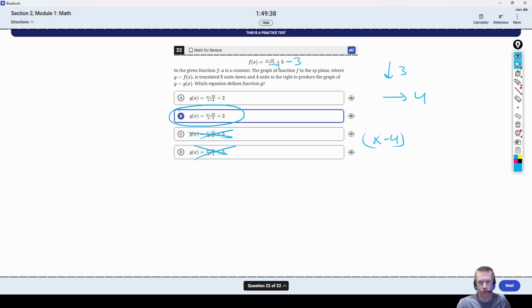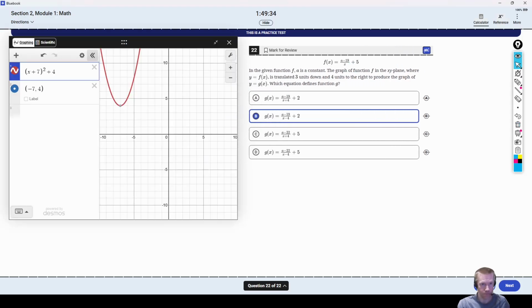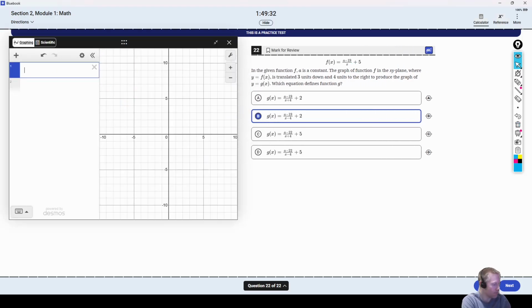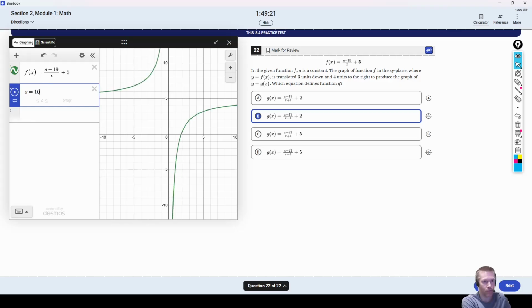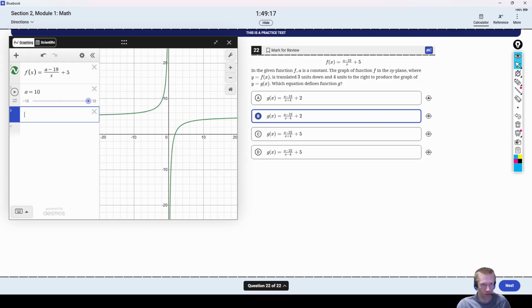Here's how you could also solve this in Desmos. I'm going to graph the original function. Now I have to add a slider for a, so I'm just going to pick a random number. Let's just pick 10. Okay, so here is the original function.